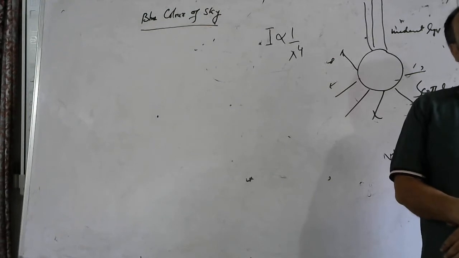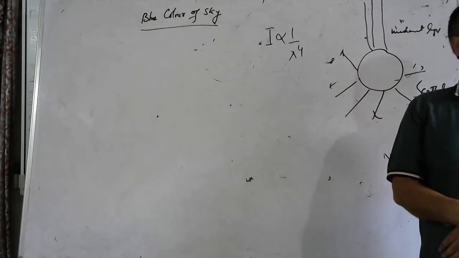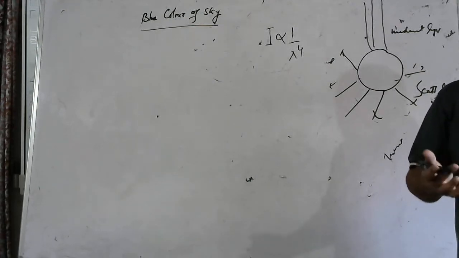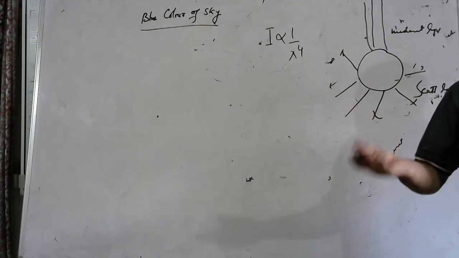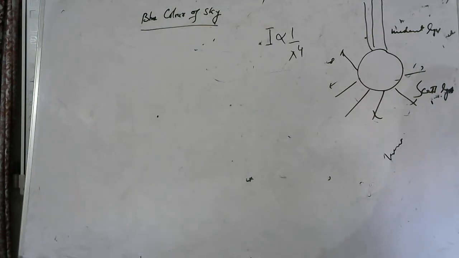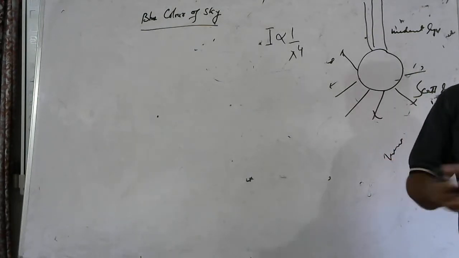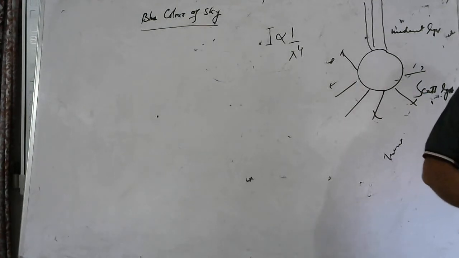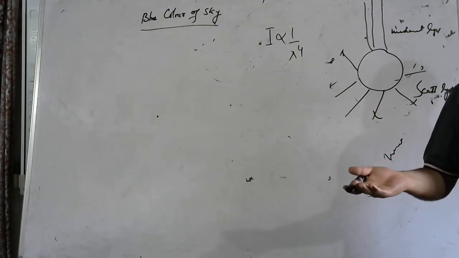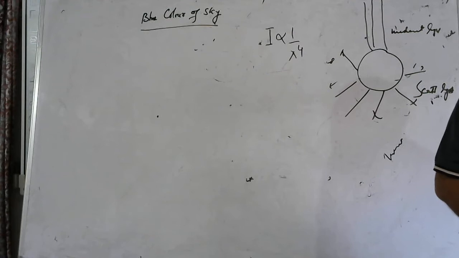Since this sunlight is made up of 7 different colors, these 7 different colors will suffer 7 different types of scattering. Some colors will suffer less scattering, some colors will suffer more scattering. For example, red color suffers least scattering, whereas violet color suffers most scattering.